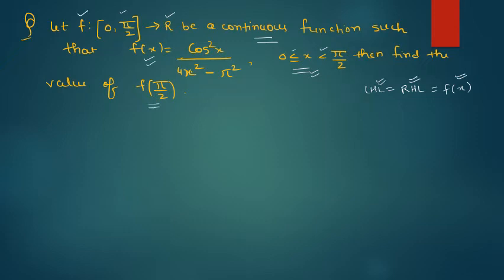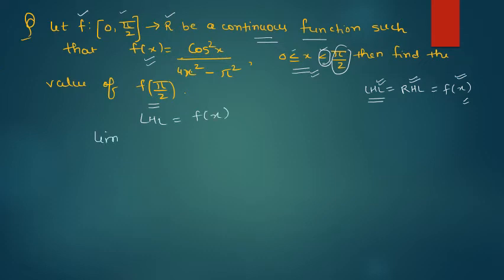Here pi by 2 is the open end, so we are taking x less than pi by 2, that means the left hand limit. For any function to be continuous, that left hand limit should be equal to f(x).